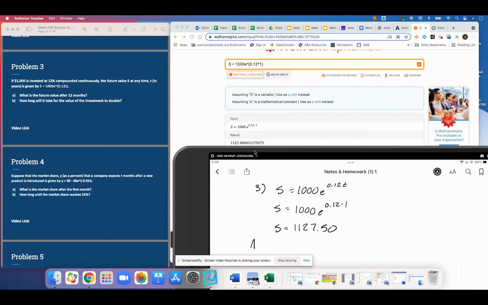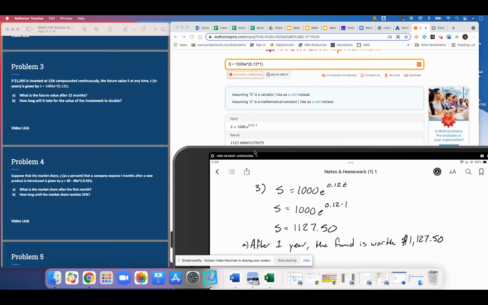After 1 year, the fund is worth $1,127.50.